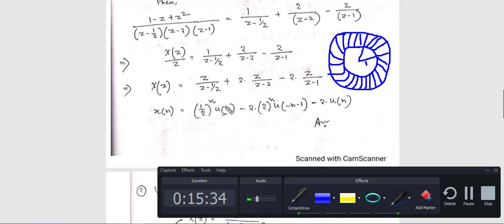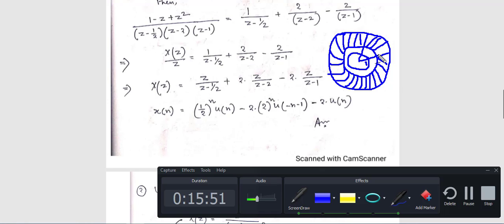First, this is your first function, z by z minus half. That means what is the value of pole? Your pole value is z is equal to half. Now if you consider a circle having radius half, this is your half radius.